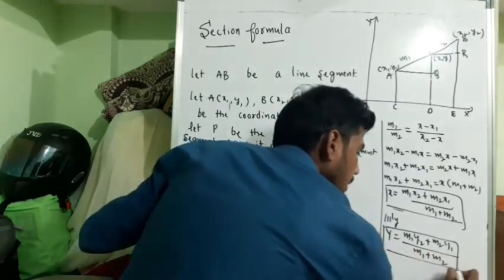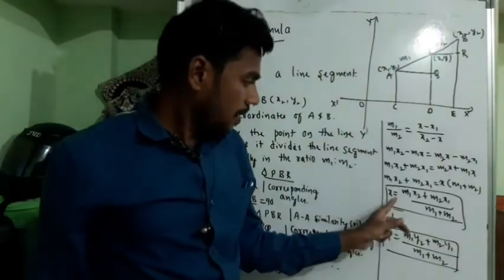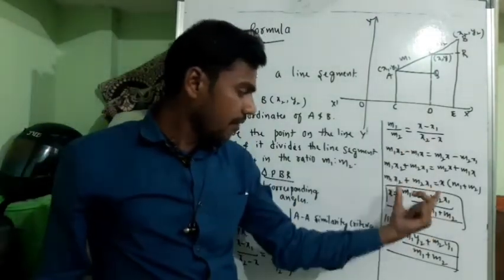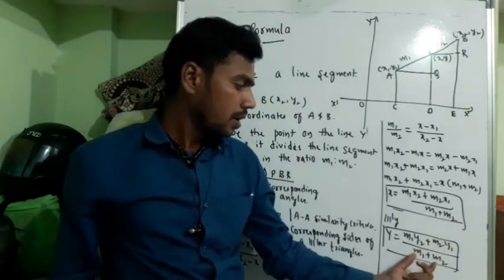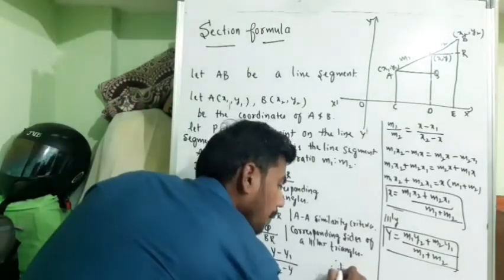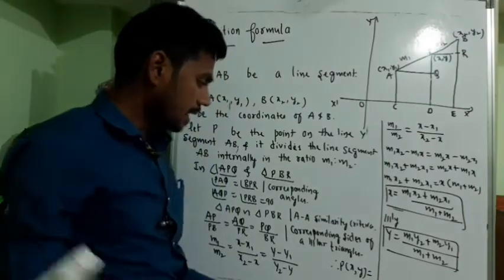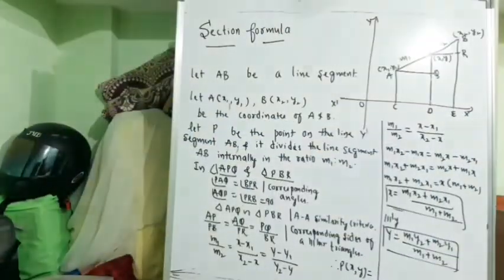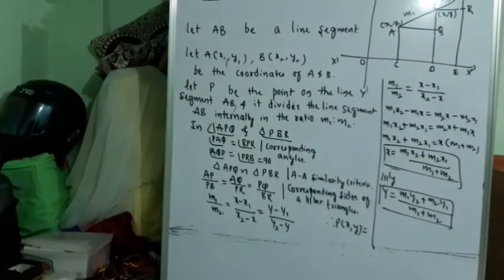So let me adjust. In a similar fashion we can prove y is equal to m1 y2 plus m2 y1 divided by m1 plus m2. So at last what we can write, P of x comma y is equal to, please wait, let me adjust the focus. Fine.